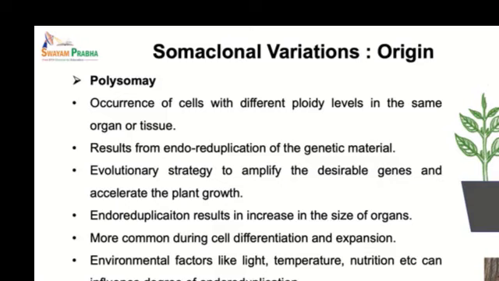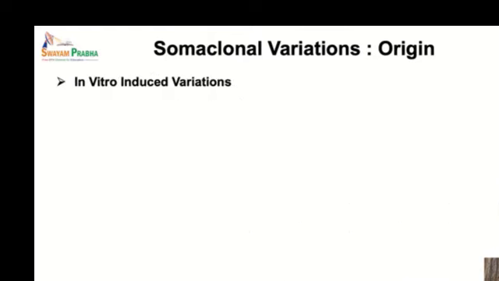So the overall polyploidization of the somatic tissues may contribute significantly to somatic or somaclonal variations if the explants are prepared from these tissues having polyploidy or polysomaty. Second source of these variations is the in vitro induced variations.